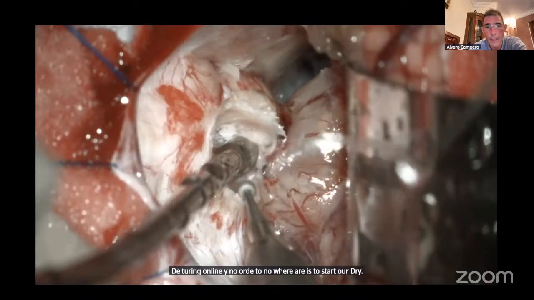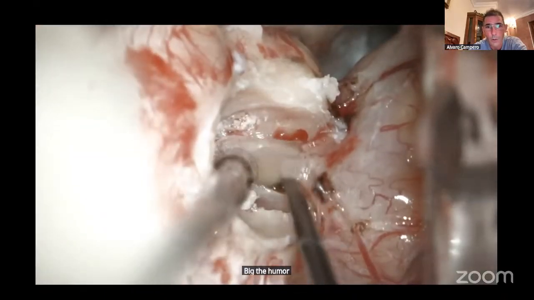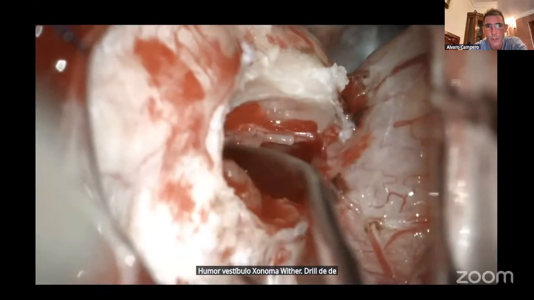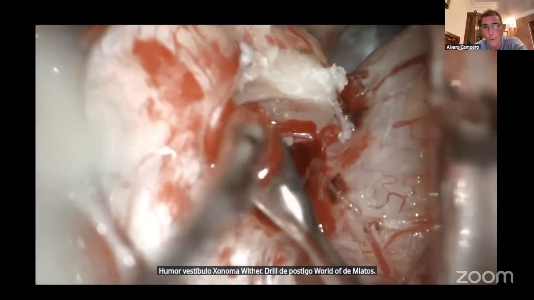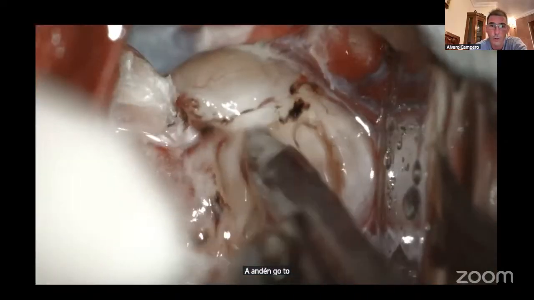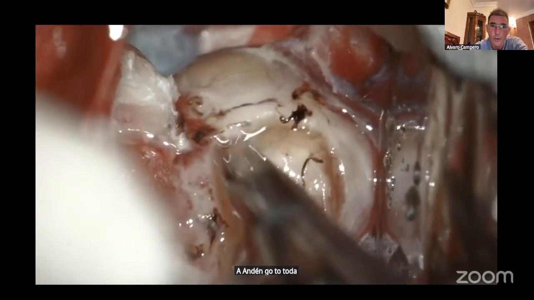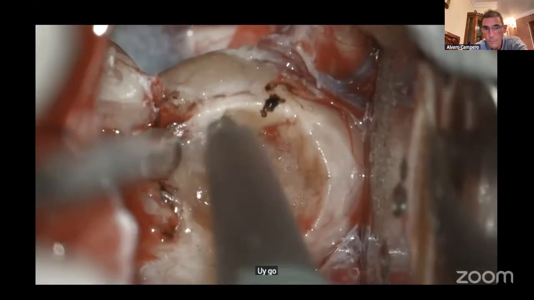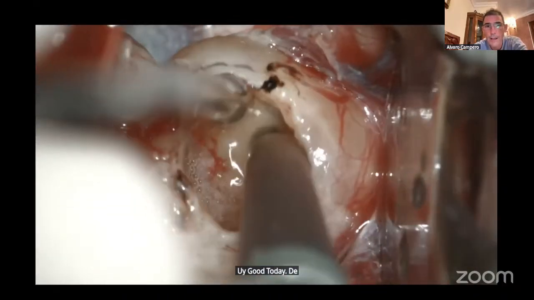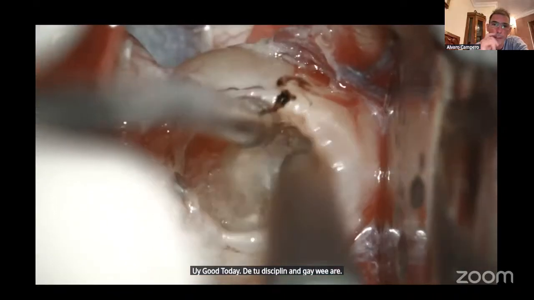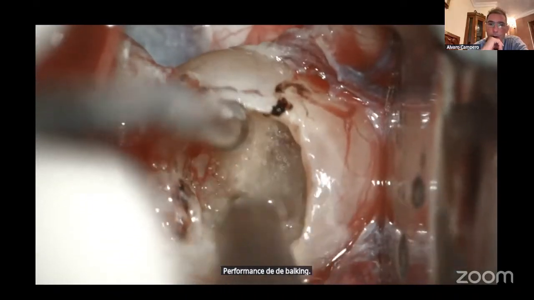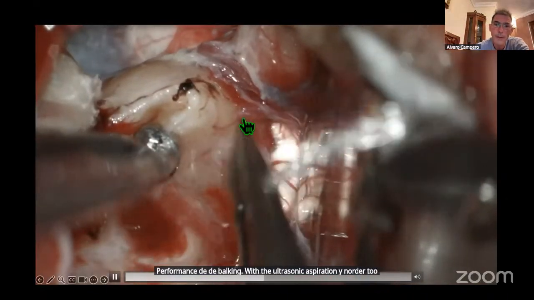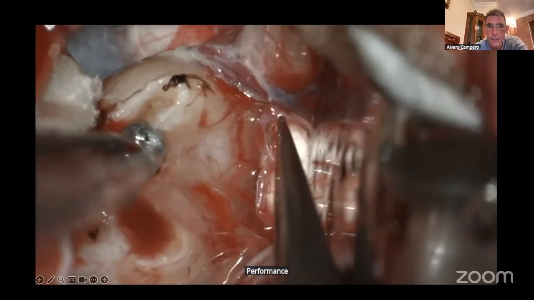In a not so big vestibular schwannoma, we first drill the posterior wall of the meatus and then go to the tumor. After removing the tumor inside the meatus, we go to the CP angle. We are performing the debulking with the ultrasonic aspirator in order to perform the arachnoid dissection.